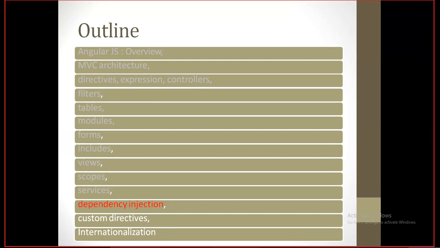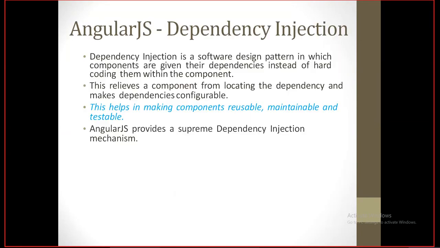Moving ahead to see the dependency injection. Now, what is dependency injection? Generally, this term of dependency injection is used whenever we are defining ready-made components, so that those components can be used by any other component which requires it.